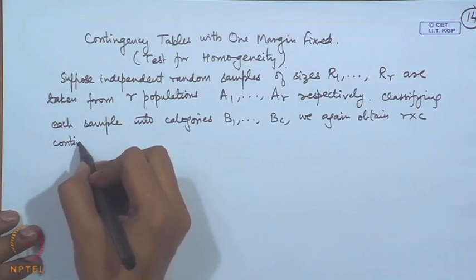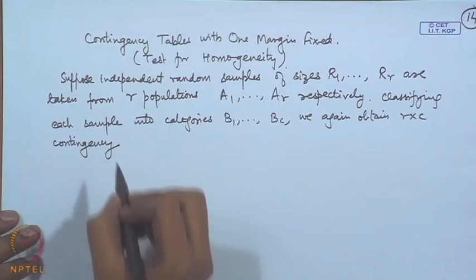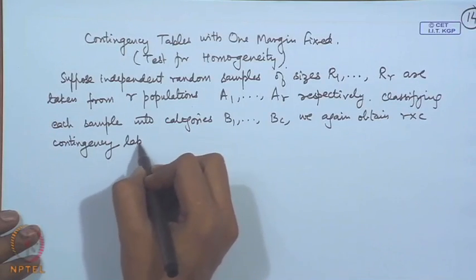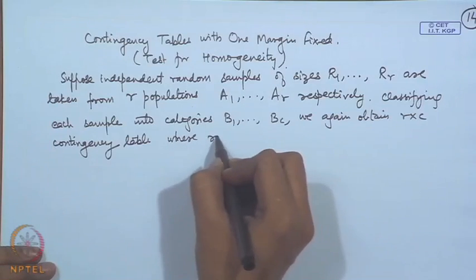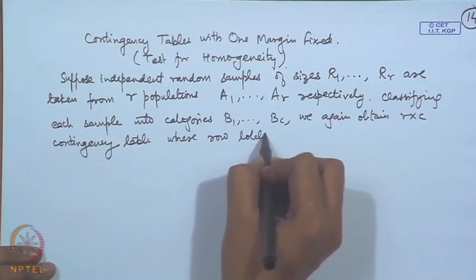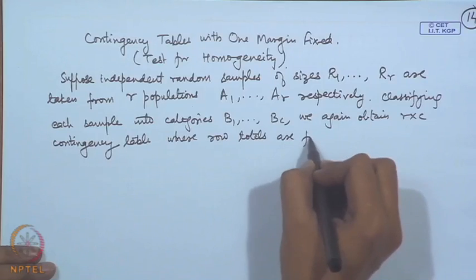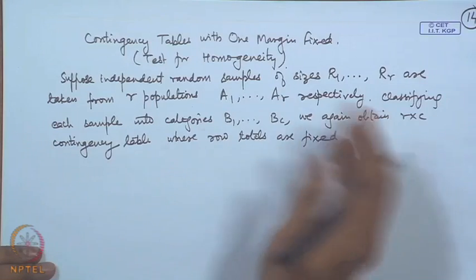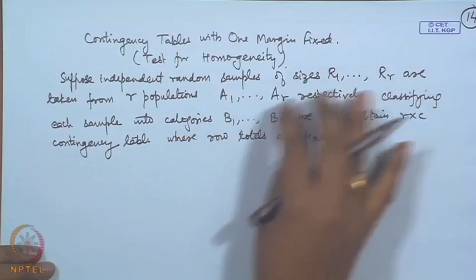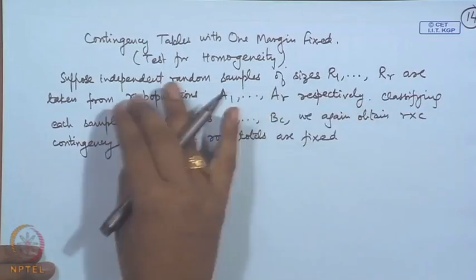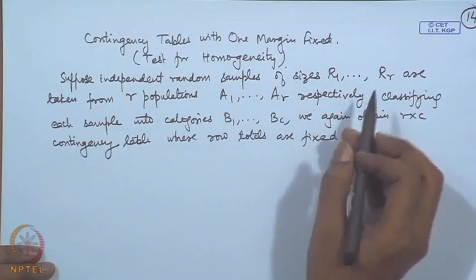So, the nature is the same, however, the interpretation of the values is different, where row totals are fixed. Alternatively, you may fix the column totals, that means B1, B2, ..., Bc may have fixed sample sizes, and then you can classify each of them according to A1, A2, ..., Ar.